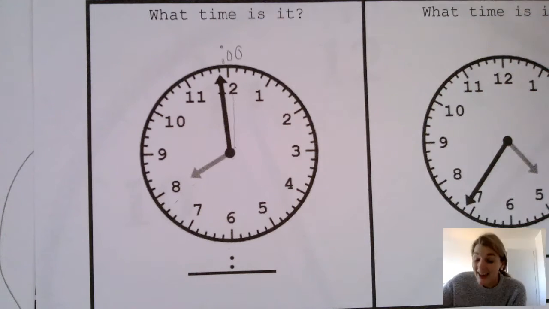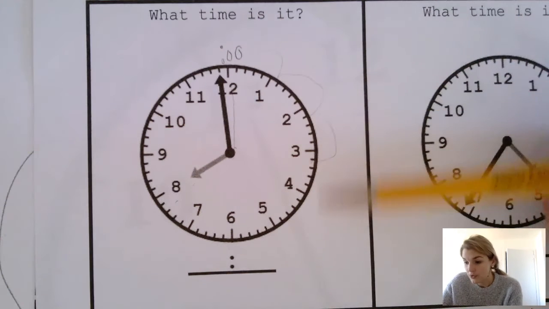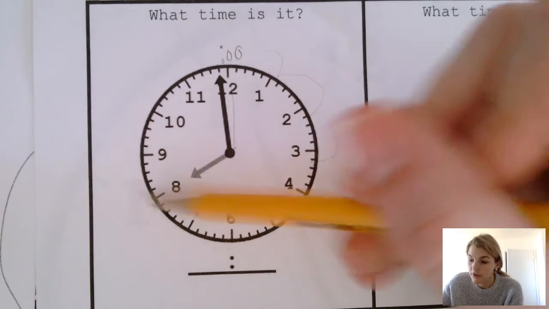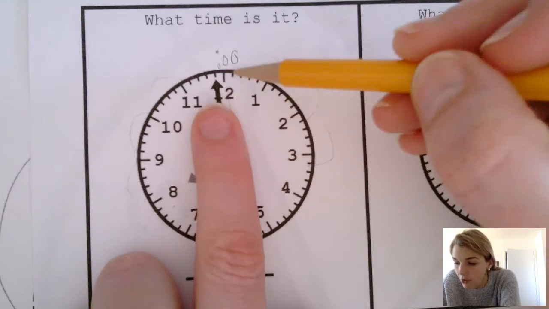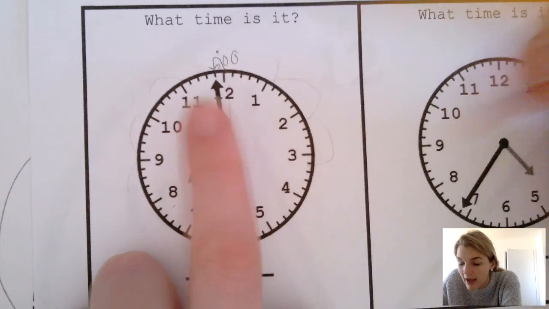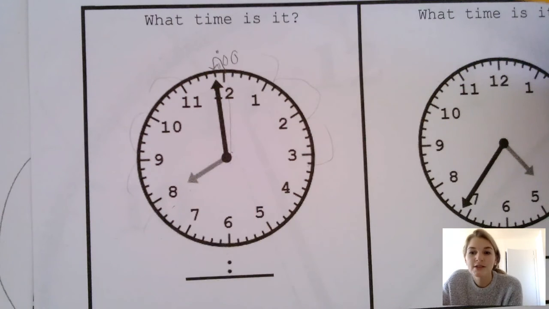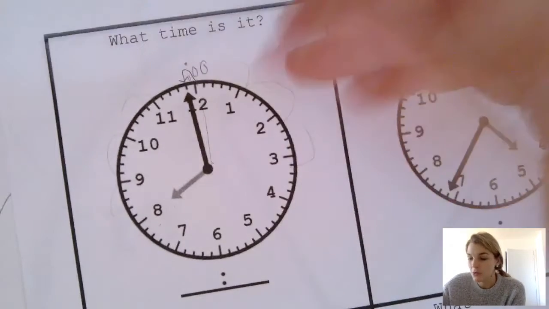Now, you can, if you want to, sit here and go 5, 10, 15, 20, 25, 30, 35, 40, 45, 50, 55. Or, if you look here, if you just go back 1, you would just subtract 1 minute. So it's up to you. Since we're just starting off, I am going to count.